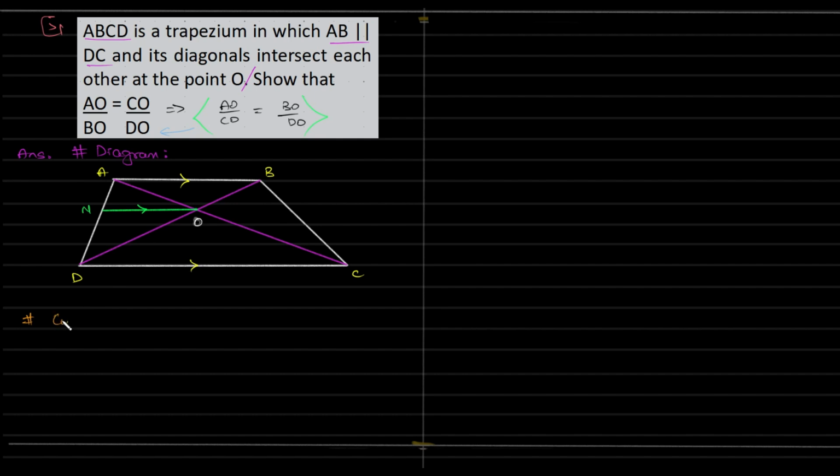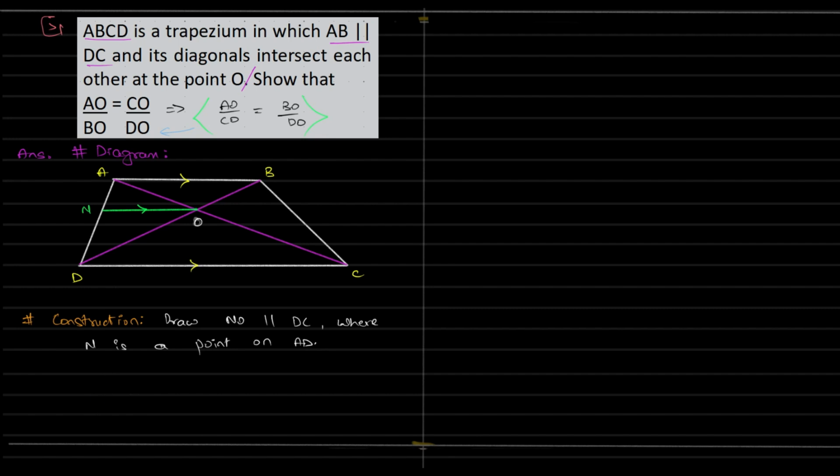So we are looking at: draw NO parallel to DC, where N is a point on AD.